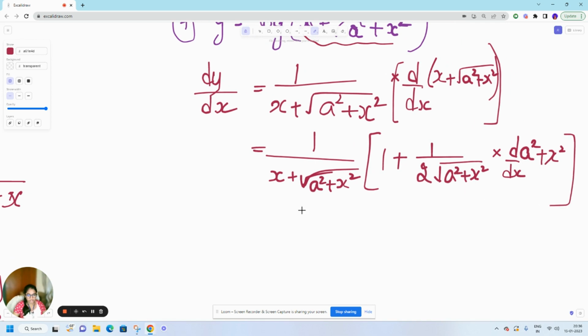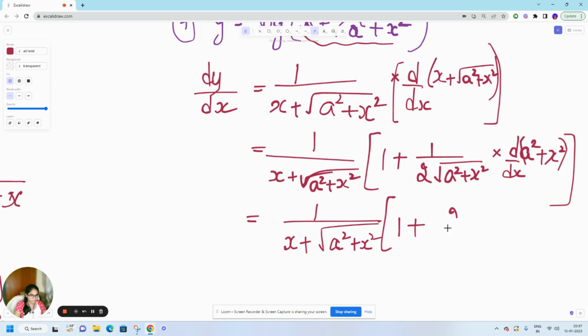So now this is equal to 1 divided by x plus square root of a square plus x square into 1 plus, what is the derivative of a square? It is 0. The derivative of x square is 2x divided by 2 square root of a square plus x square. Now 2 and 2 get cancelled.